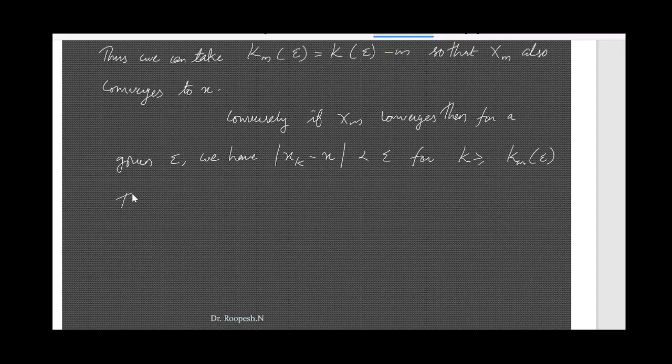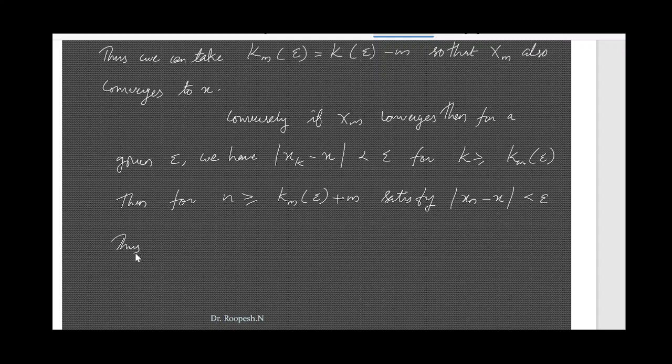Then for n greater than or equal to km of epsilon plus m, right? Because you are taking the m tail, in the original sequence it should be km epsilon plus m. Satisfy modulus of xn minus x less than epsilon.